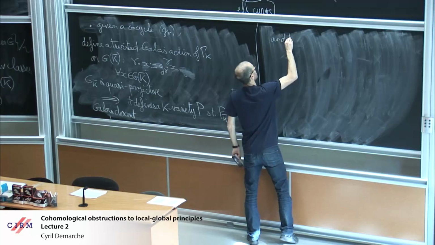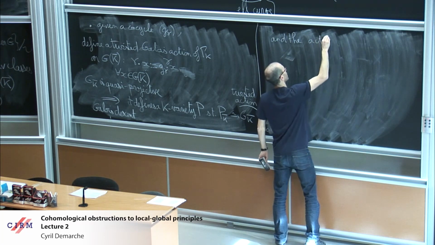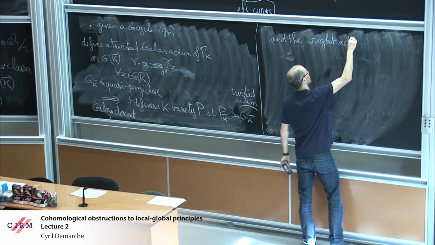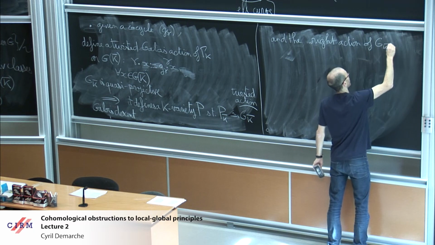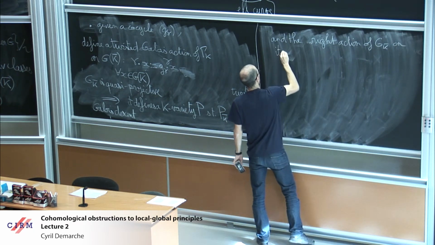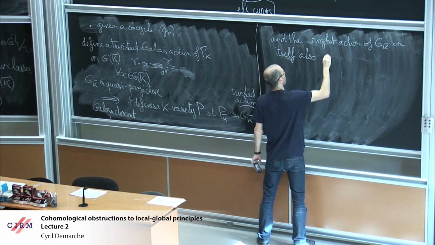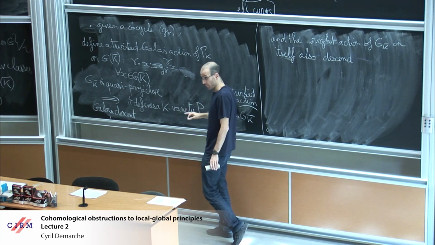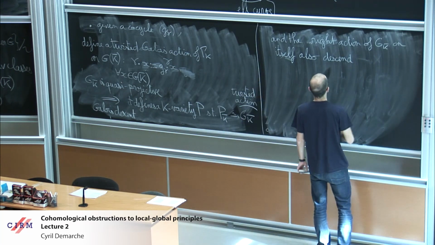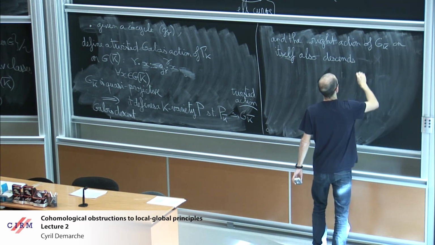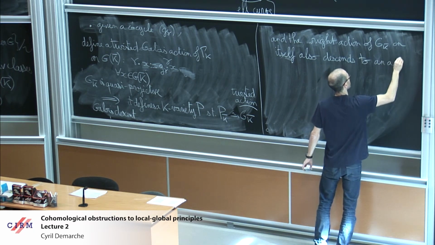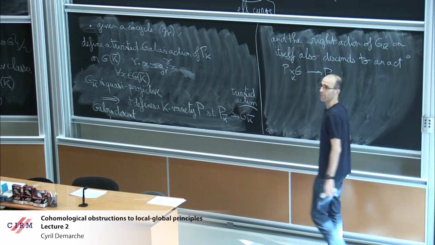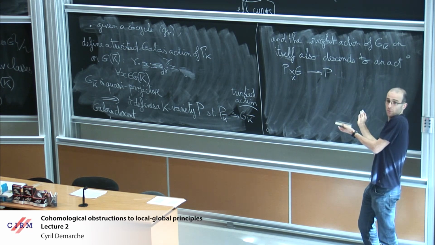The right action of G K bar on itself also descends to an action over K. So in some sense you use descent for varieties and also for morphisms. Okay? And then you only have to check that this is a torsor.